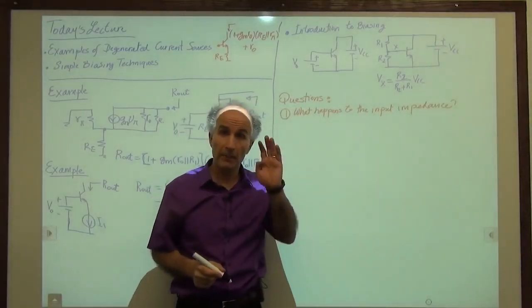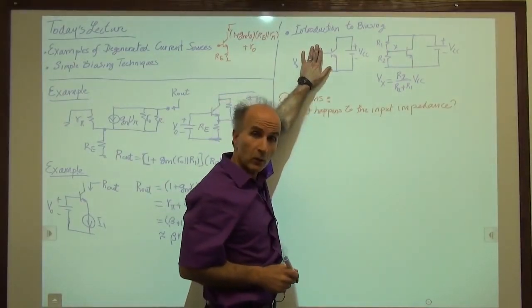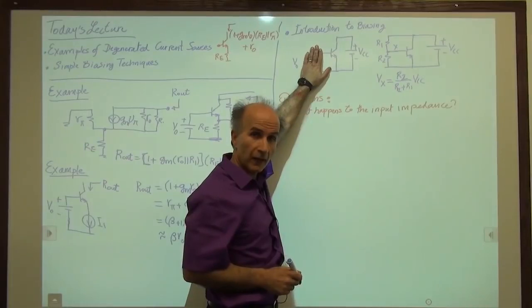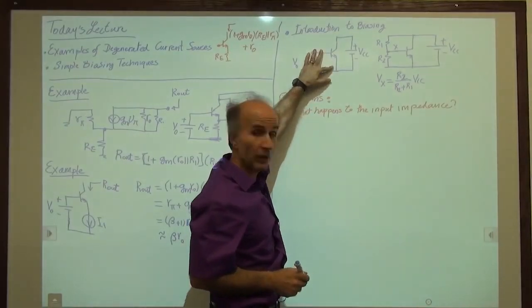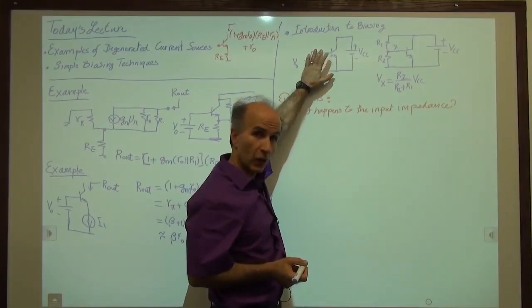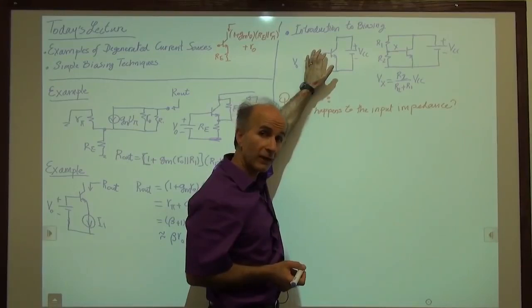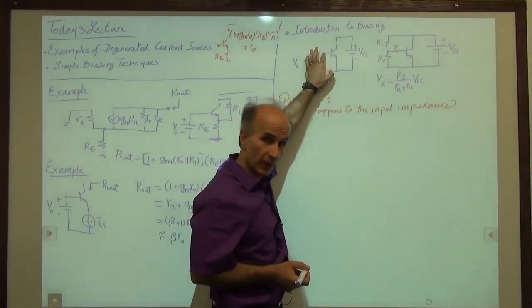The input impedance of the basic common emitter stage was equal to R pi. That was the value that we measured between the base and the emitter in the small signal model. And that showed us how much loading this would impose on the previous stage, or how much attenuation this input impedance creates.